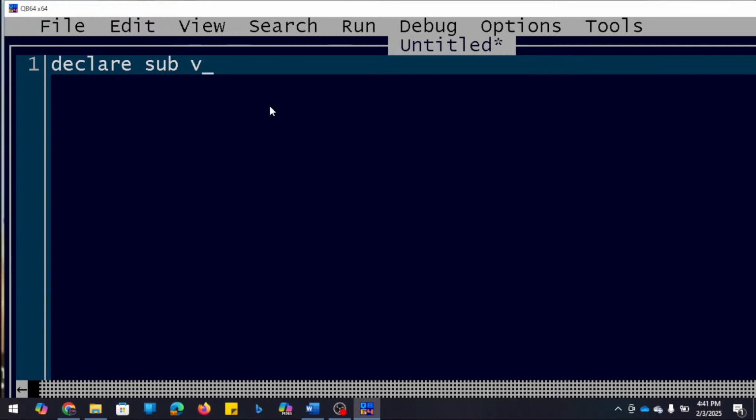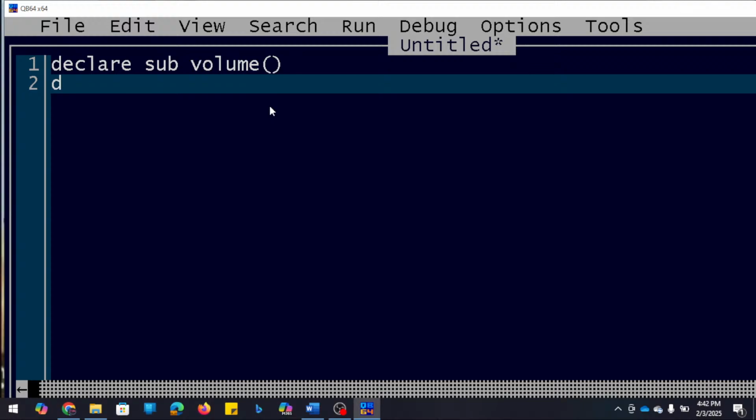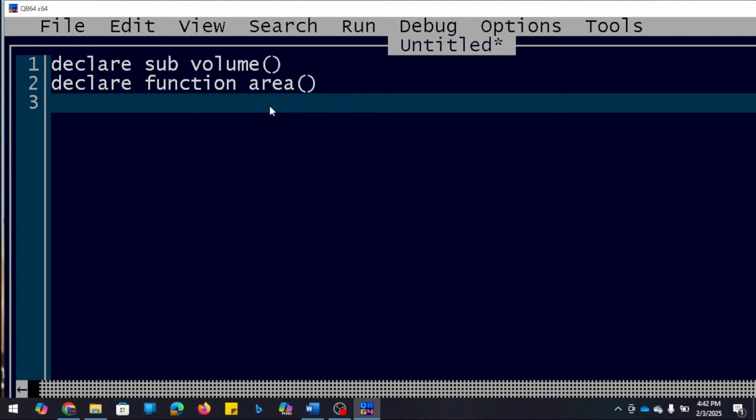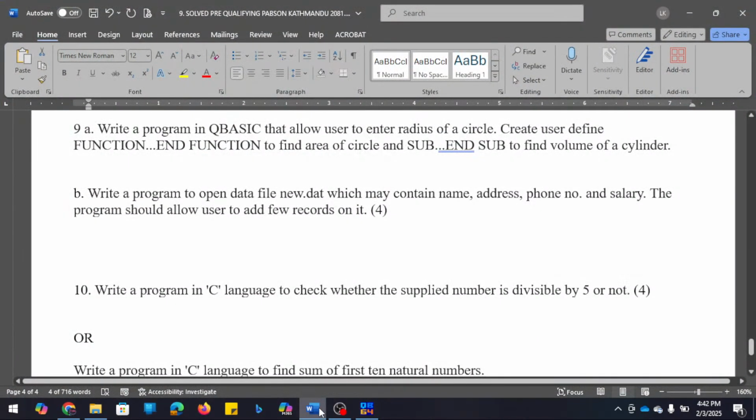So volume, next is here, area. Now we are asked to find the area of circle and the volume of cylinder. So the first formula is missing here.